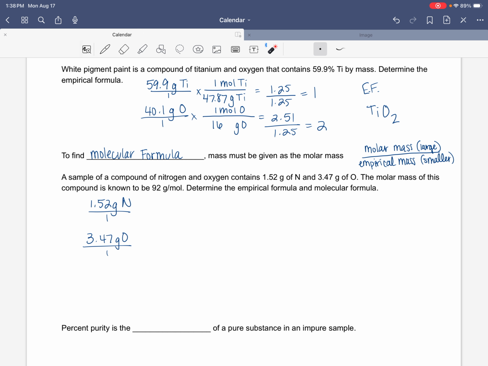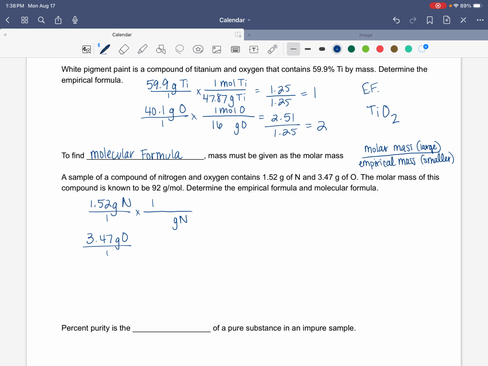So that would be that molar mass, that larger number that's going on top. We just have to find the empirical formula so we can find the empirical mass in order to divide to figure out how much we need to scale up our empirical formula by. So we already did the percent to mass because there were no percentages. So we just already have the mass. The next step is mass to mole. So grams of nitrogen are going to drop down.